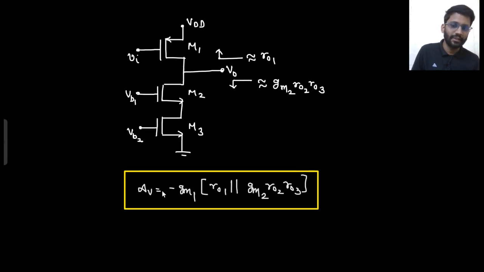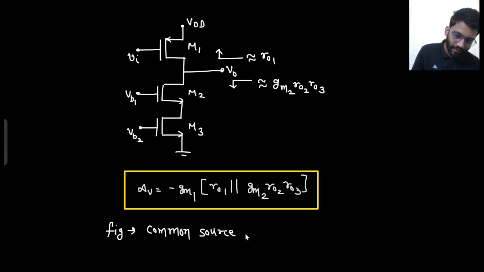What about this? This figure is a common source amplifier with cascode current source in load.